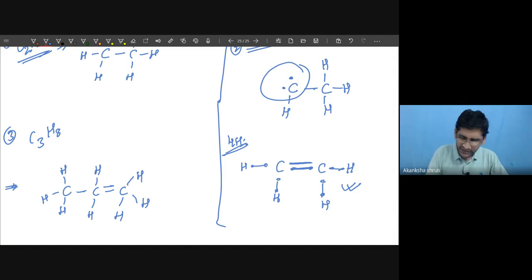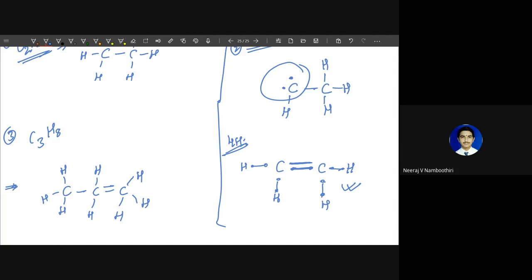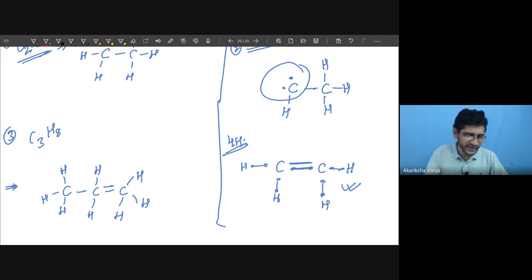Yes, tell me quickly. Sir, the middle carbon has 5 bonds. Very good. That is one thing. Here we are observing whether tetravalency is satisfied. Rather than being satisfied, it becomes excess, which is not possible at all. It is not only the middle carbon; even if we count the end carbon, observe this end carbon.